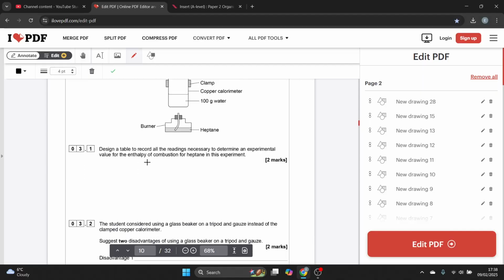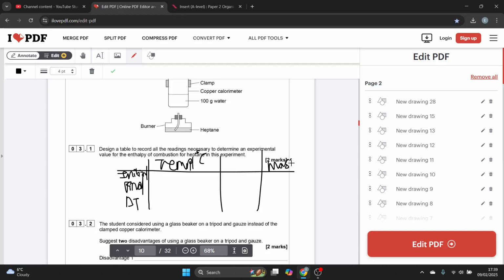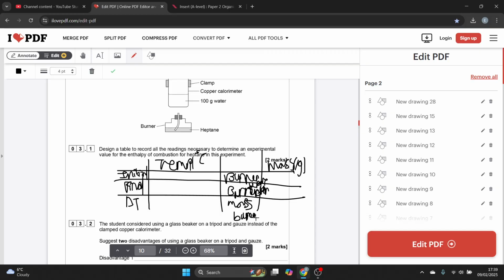So what I'd have is temperature, degrees Celsius, initial, final, temperature change, delta T. I'll have the mass in grams, and then I'll have burner before, burner after, mass burned of what I'm working with, heptane.